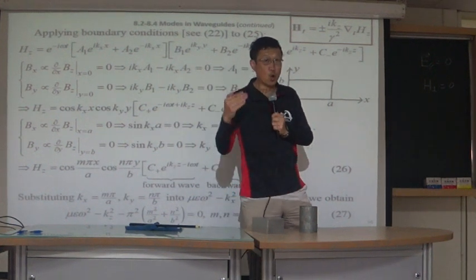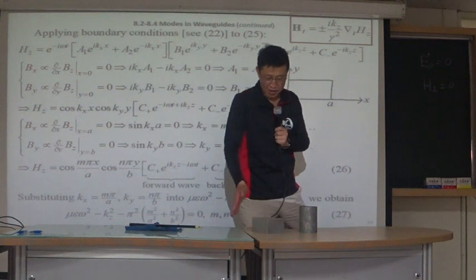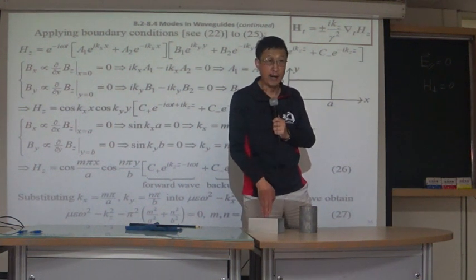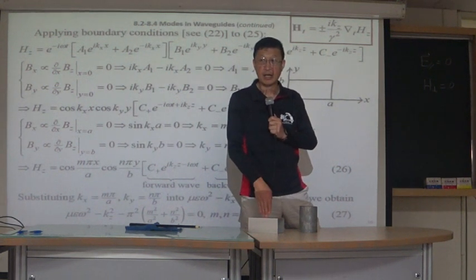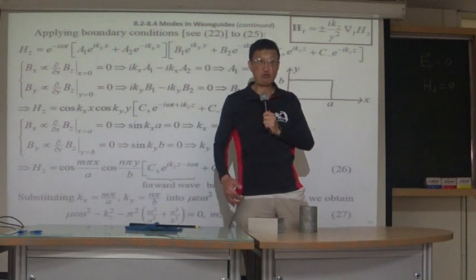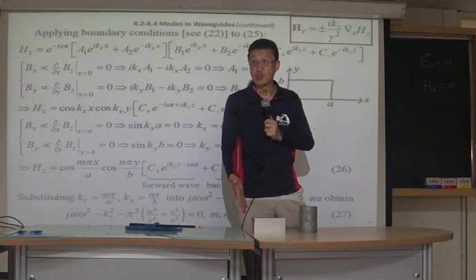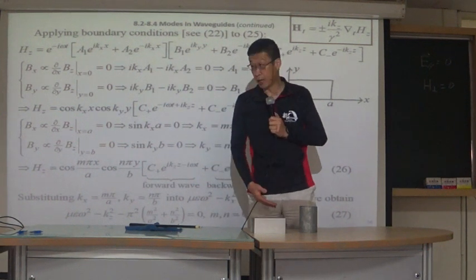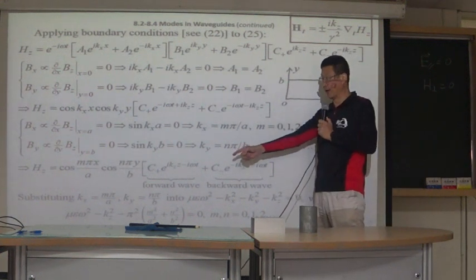If you want to quantize kz, just terminate this surface and this surface. Then they will be quantized. In that case, that's a cavity, a resonance cavity. So if you want to quantize kz, yes, we can do that.